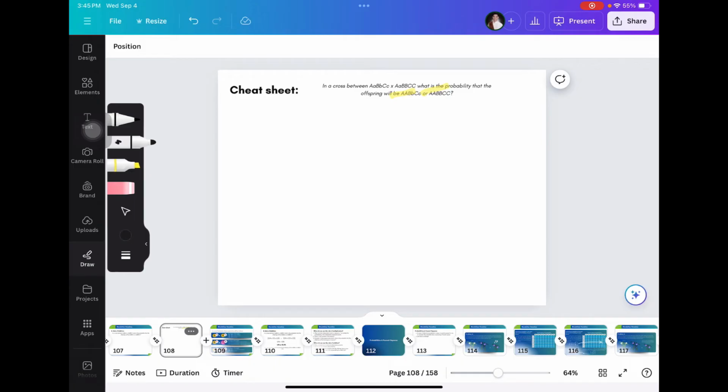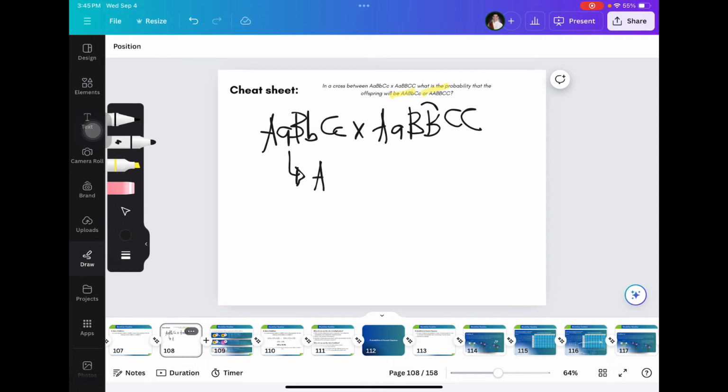Okay, so I have to write it. AA, BB, CC, technically heterozygous, times AA, BB, dominant C. What are the odds that the offspring would be this or this?